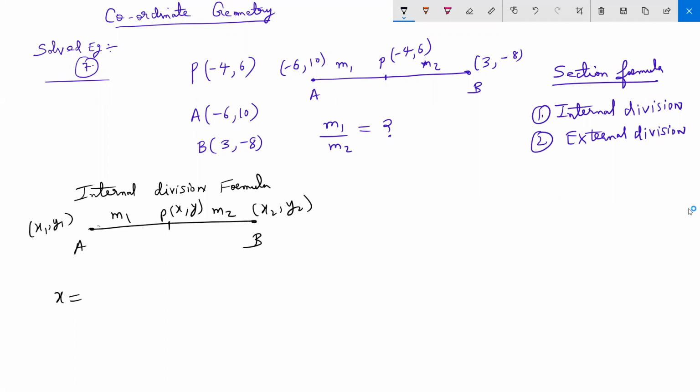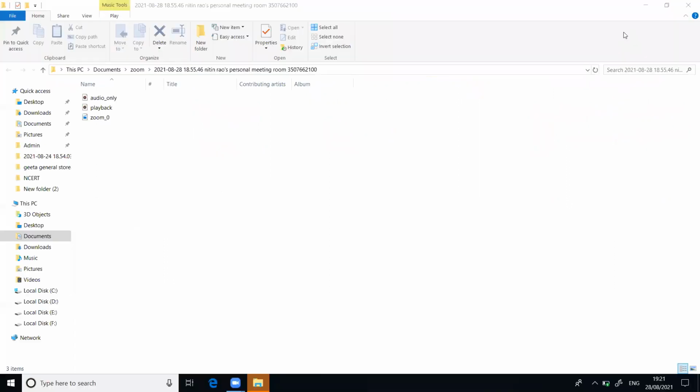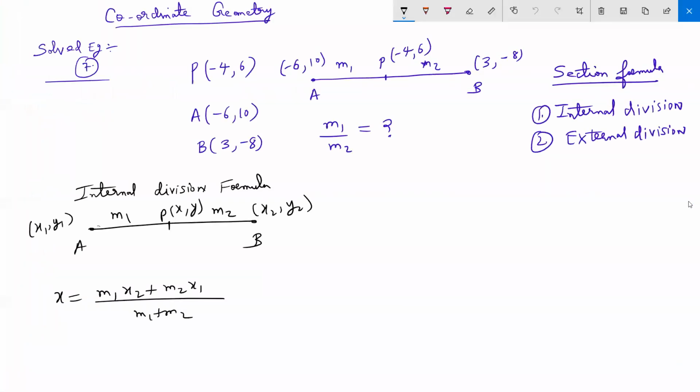The x coordinate will be m1 into x2 plus m2 into x1.